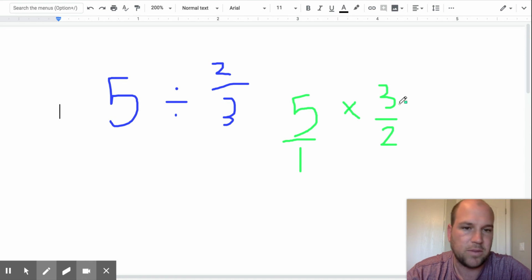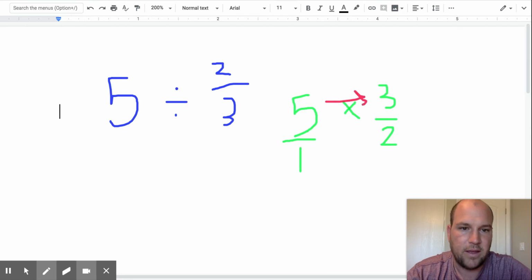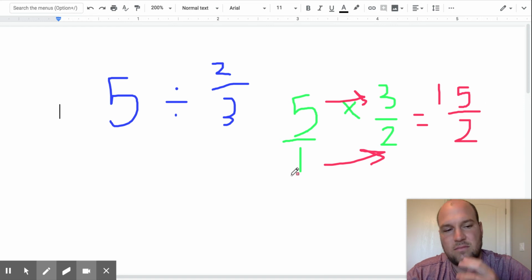Now you just multiply straight across, and put my answer on the other side. What's 5 times 3? 15. What's 2 times 1? 2. So 15 divided by 2, or 15/2.